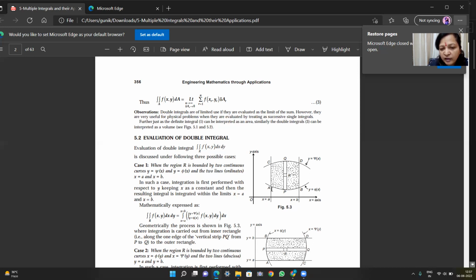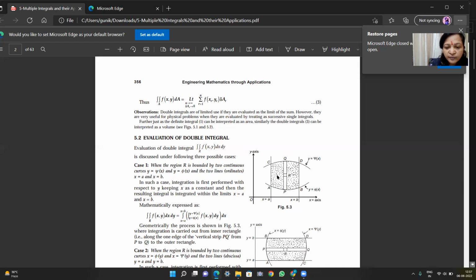It means we have to vary the limit from x equal to a to x equal to b. So we consider an elementary strip parallel to the y-axis, and this strip will vary from left to right to calculate the area of the whole region.